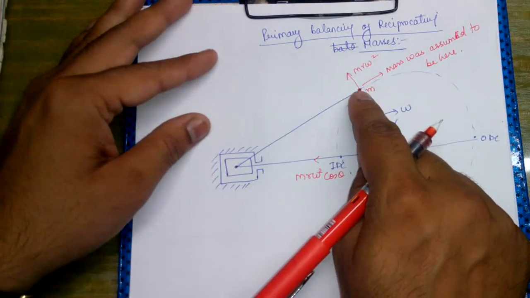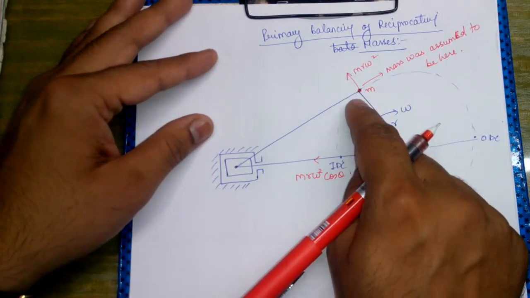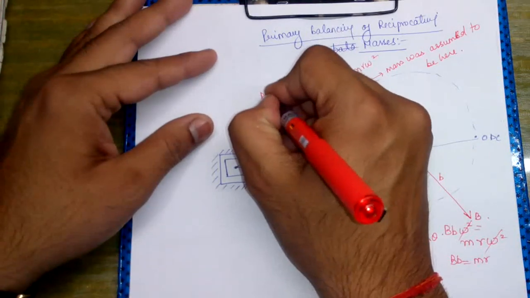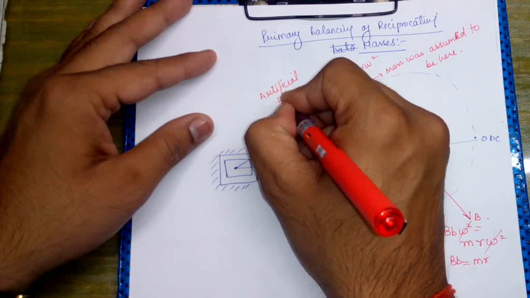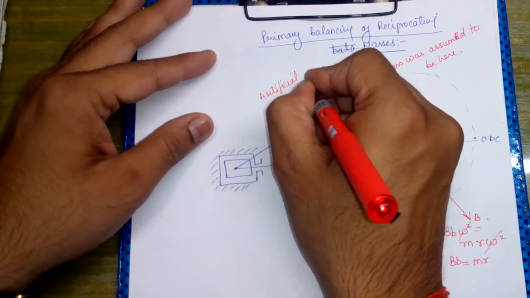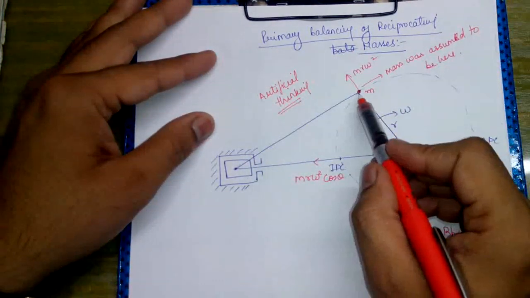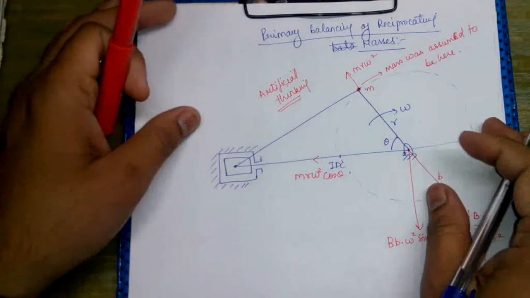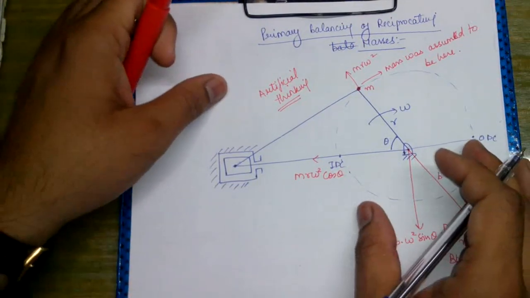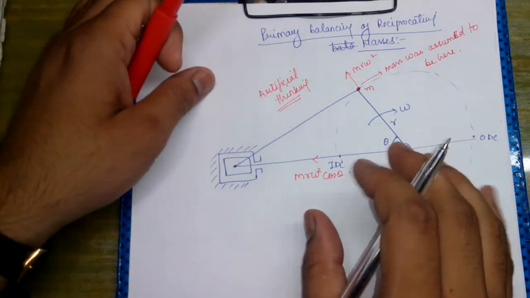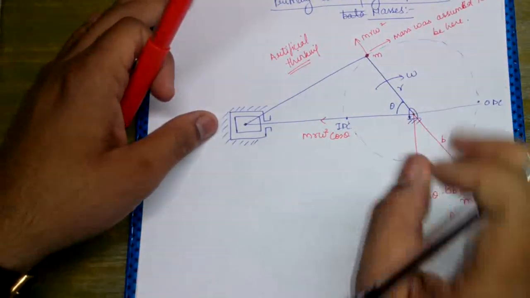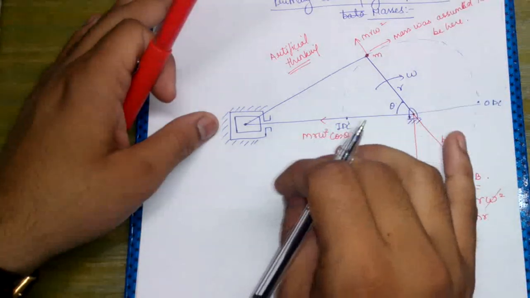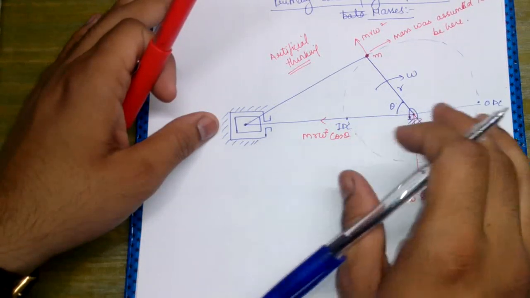So this thinking that the mass was concentrated here was actually an artificial thinking, where it was assumed that all the mass is concentrated here. So while balancing, they failed in the balancing of reciprocating masses. We will not balance the reciprocating masses completely.